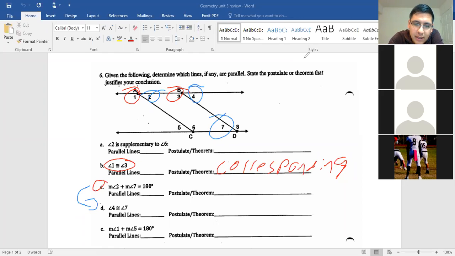And I'm just going to pair the C and D together because they're basically saying the same thing. They're alternate interior because they're on different sides of the transversal, and they're on the inside of the parallel lines.